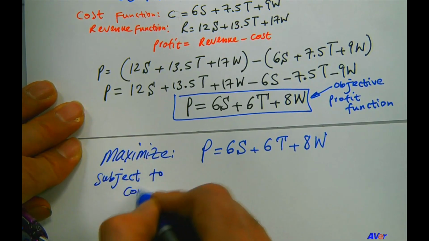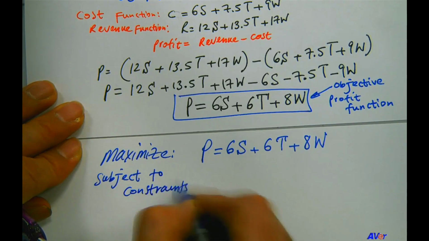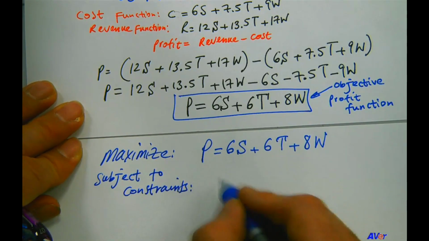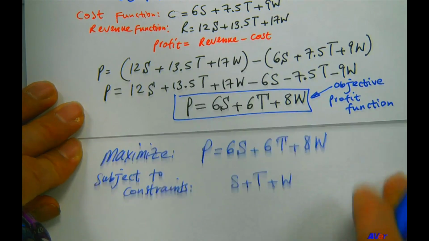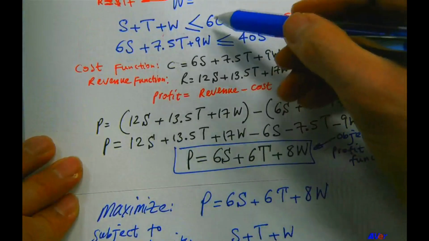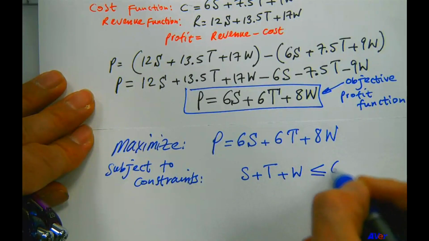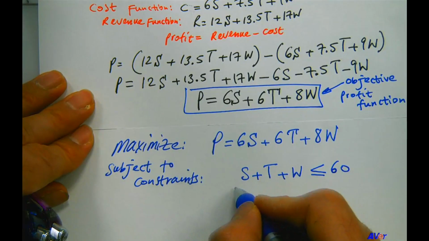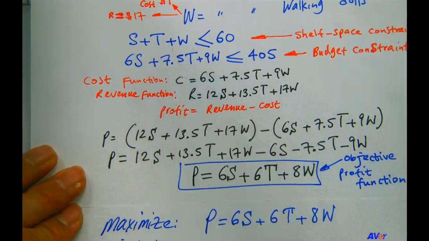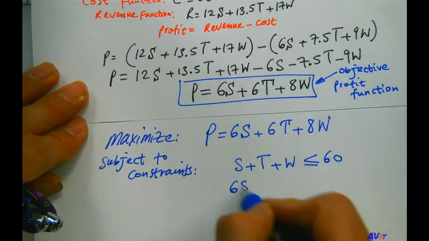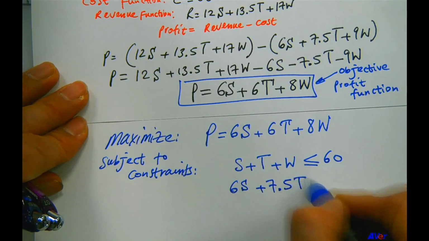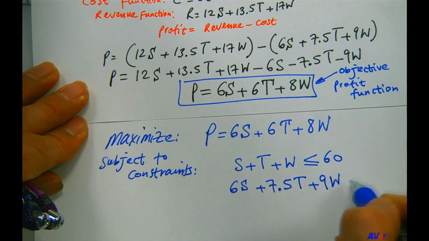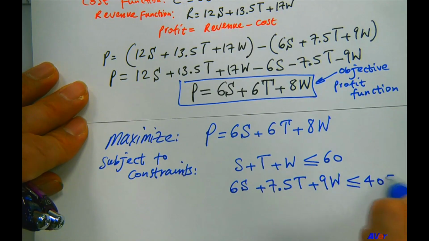That is the objective profit function, and this is subject to these constraints, which is s plus t plus w less than or equal to 60. And then the budgetary constraint, 6s plus 7.5t plus 9w less than or equal to 405.